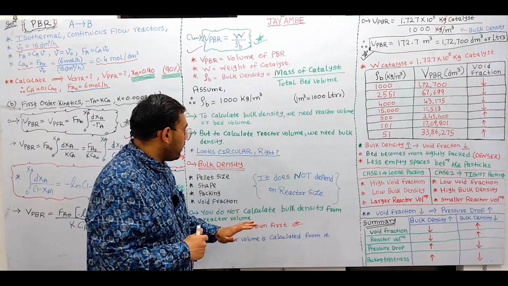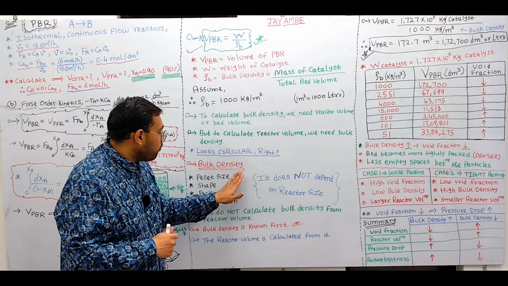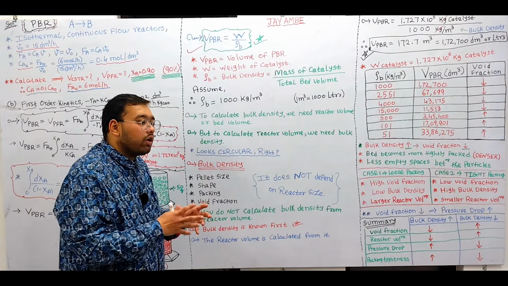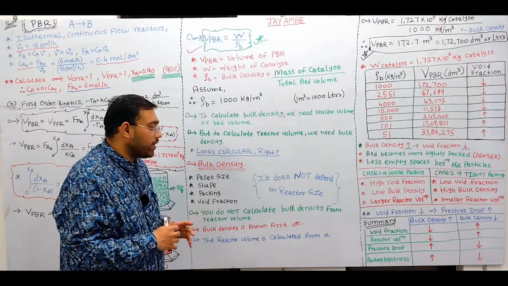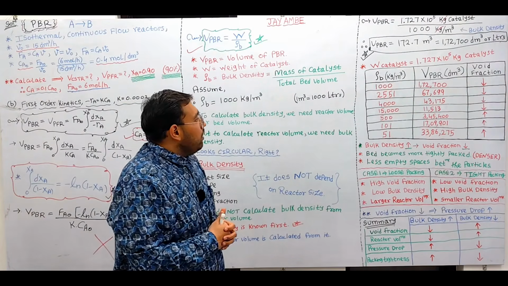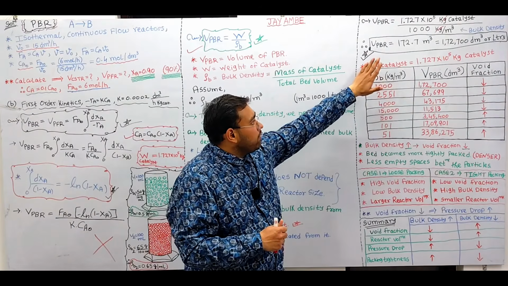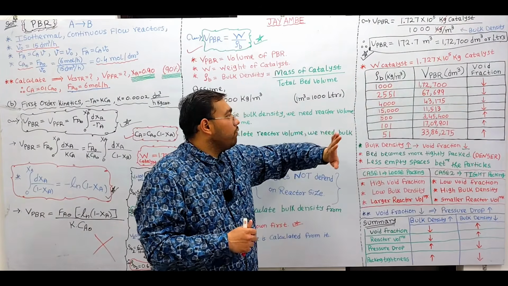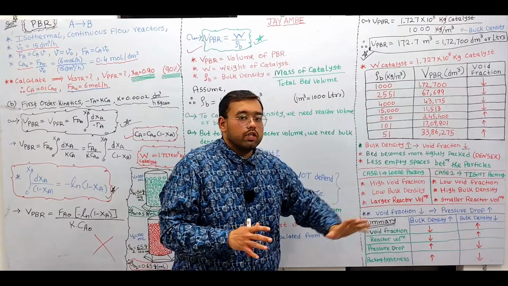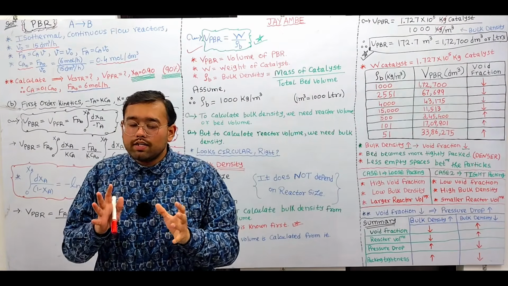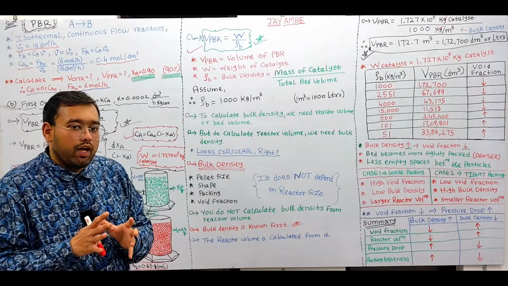We have understood what bulk density means and what factors it depends upon. Finally, we have calculated the volume of the packed bed reactor and understood the real scenario of how we design it.